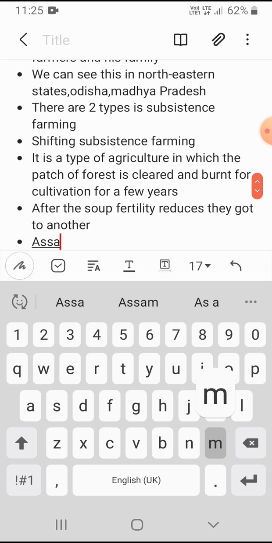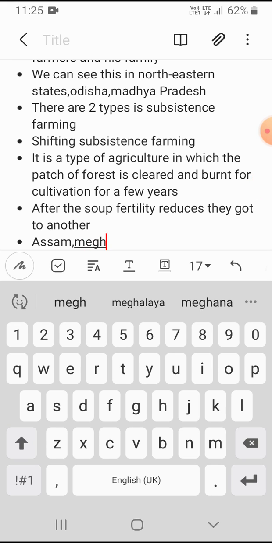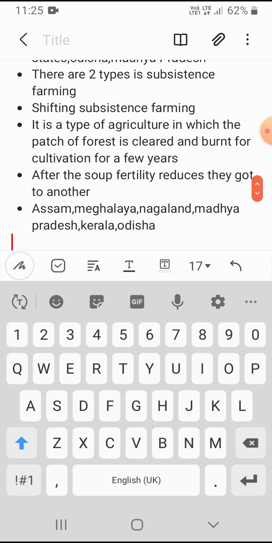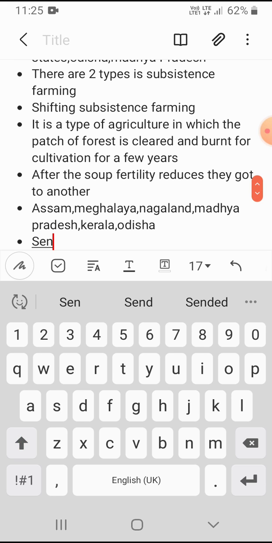So we can see this in Assam, Meghalaya, Nagaland, Madhya Pradesh, as well as in Kerala and in Odisha. In these places we can see this type of shifting subsistence farming.